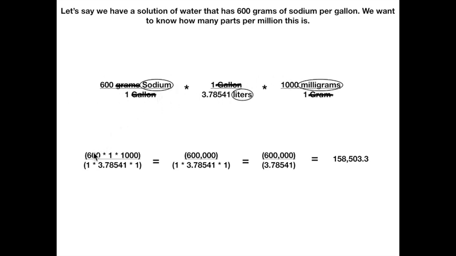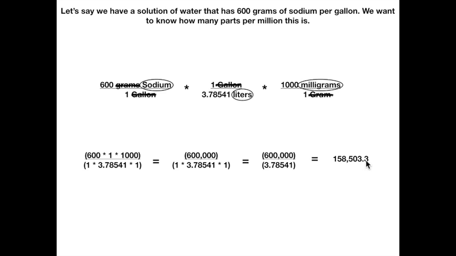So let's do this. The top is, we've got 600, 1, and 1,000. We multiply those across, that gives us 600,000. Now we go to the bottom, it's 1 times 3.78541 times 1, and that's going to give us 3.78541. So now we're going to divide these, and that gives us a value of 158,503.3.